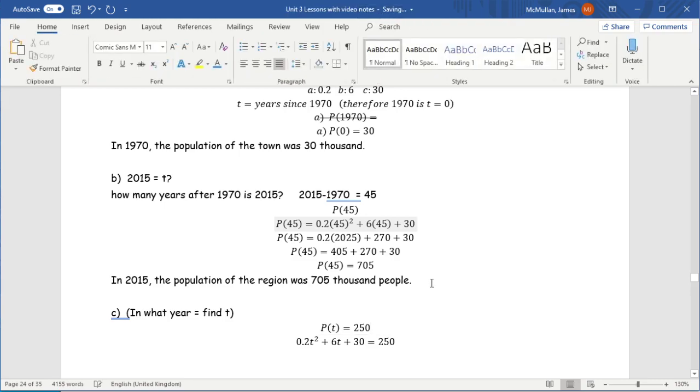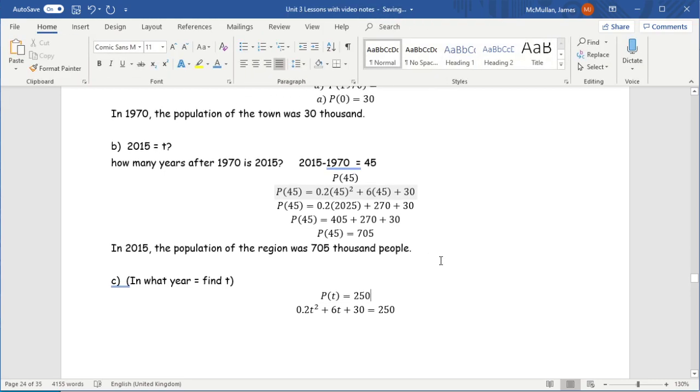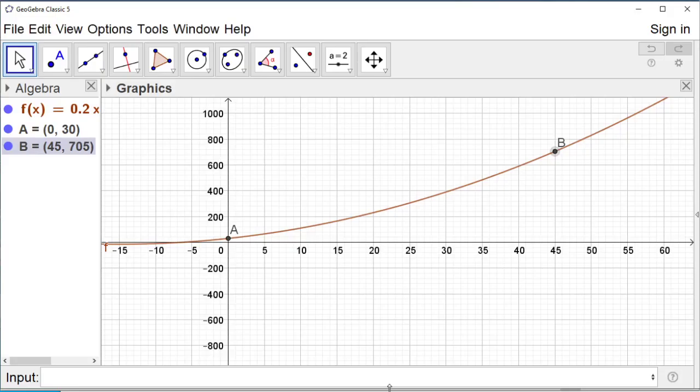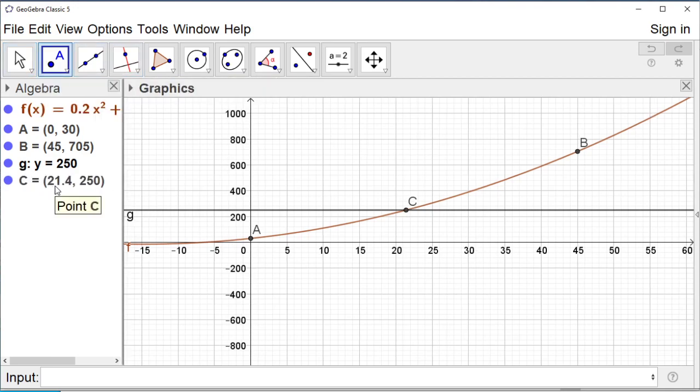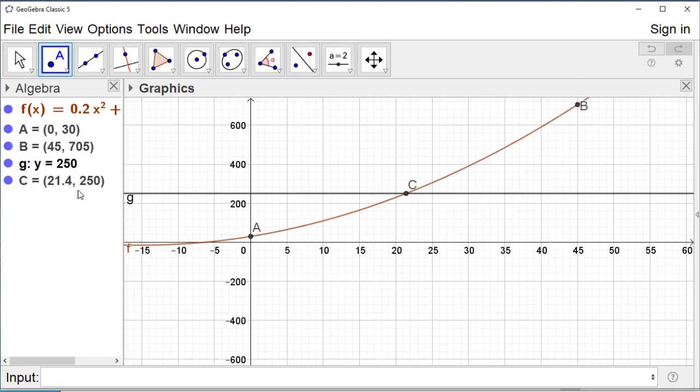Now, here's an important point to understand about solving quadratics. When this equation is equal to 250, okay, so y equals 250, you can see that there's an answer here at 21.4 years after 1970. So our answer is going to be 1991.4. And then I think because of the way the question's worded, we're going to round it up to 1992.